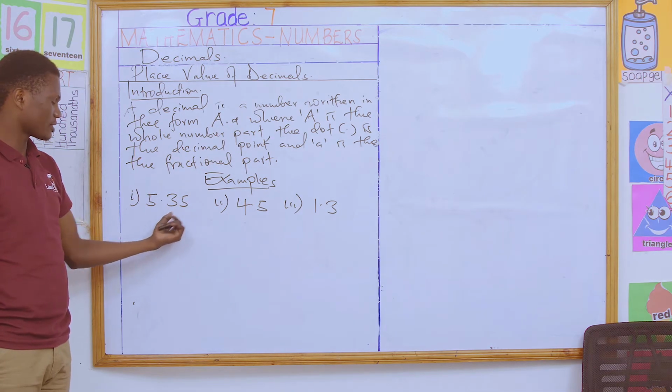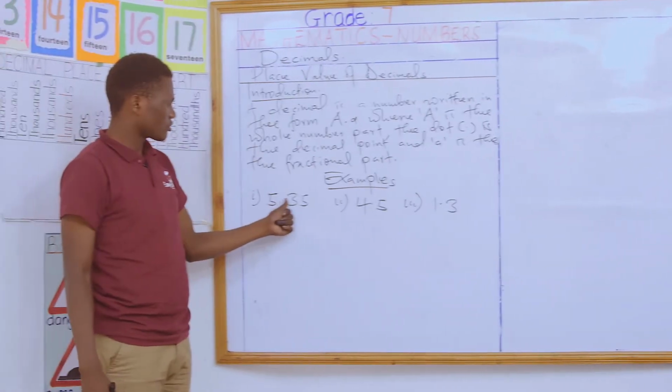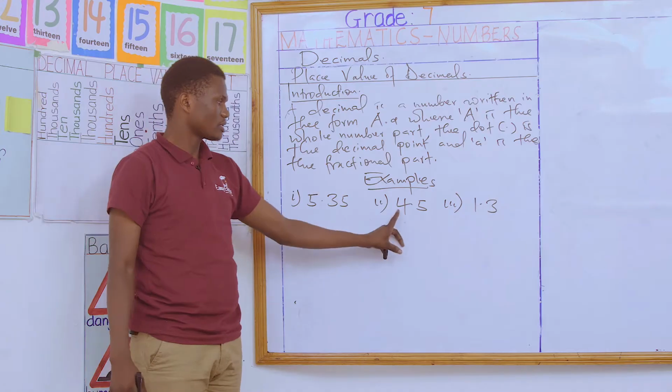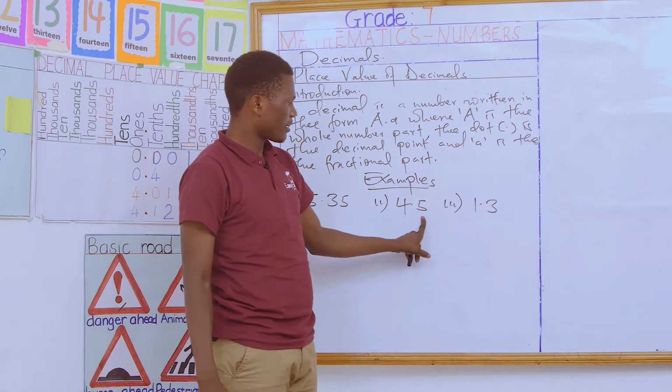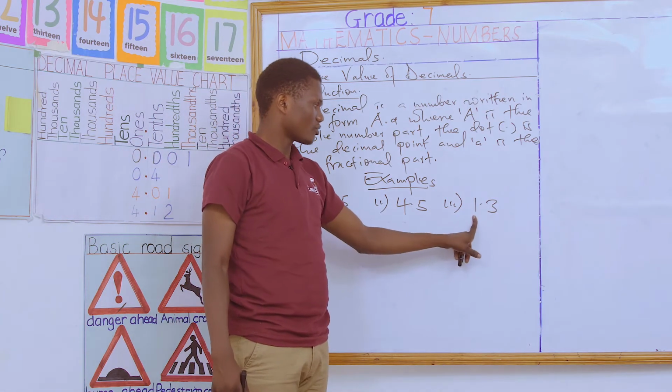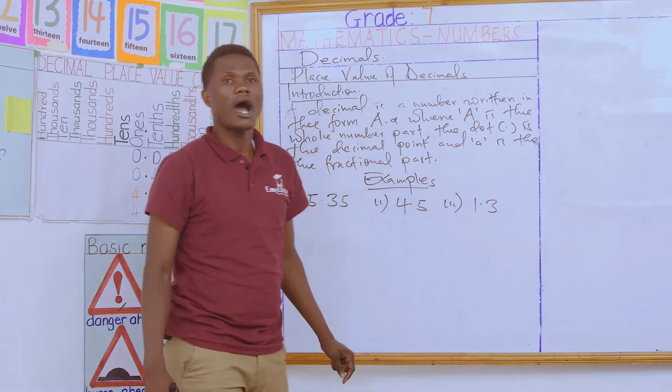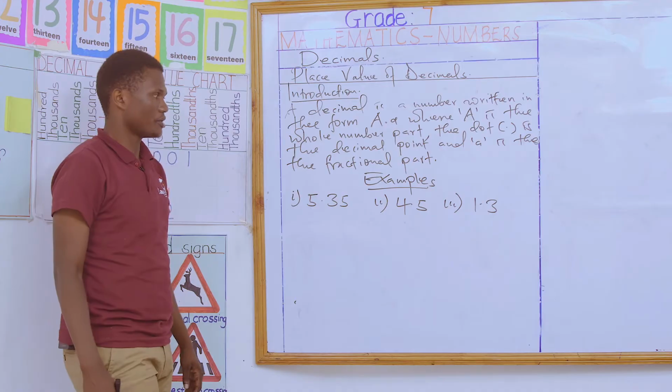This is the fractional part, and this is the whole number part. Then the dot between is what we call the decimal point. In the next, 4 is the whole number part, 5 is the fractional part; 1 is the whole number part, 3 is the fractional part, and of course the dots in between are what we call the decimal point.